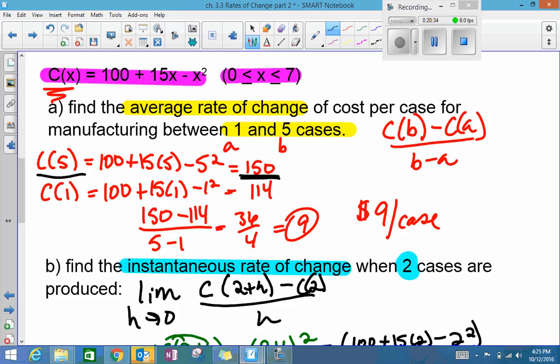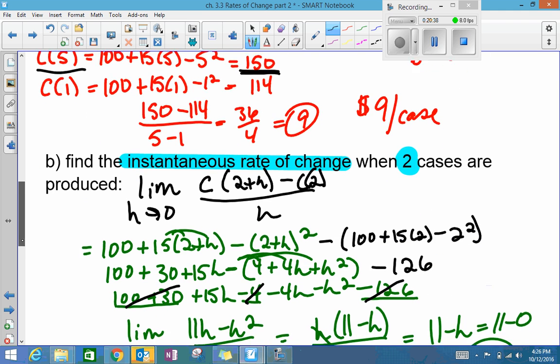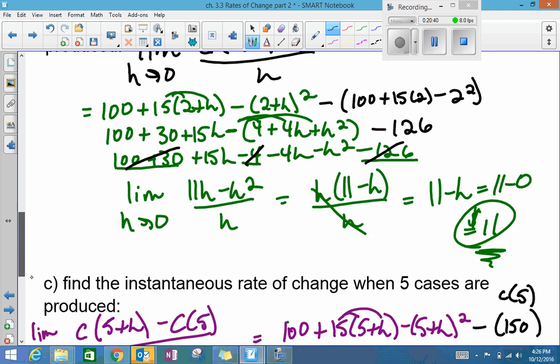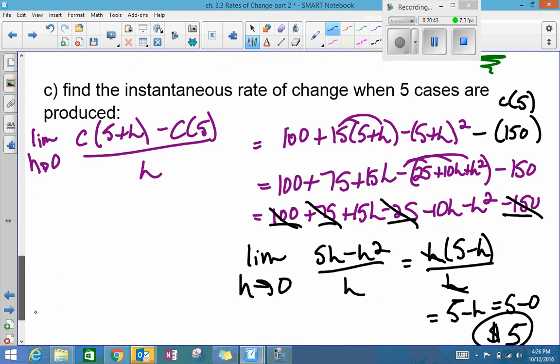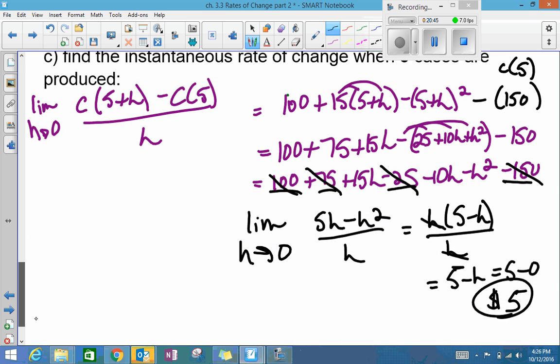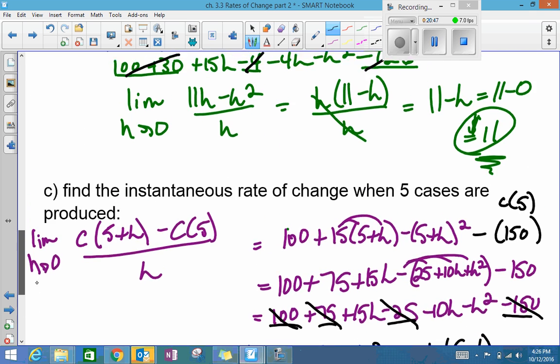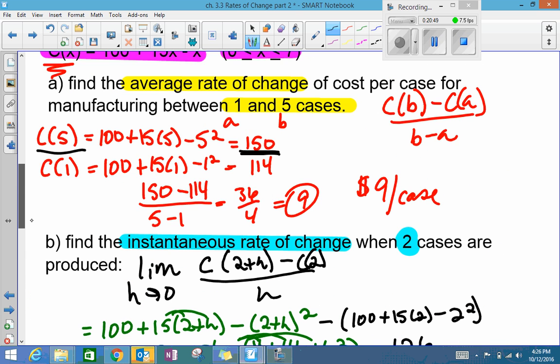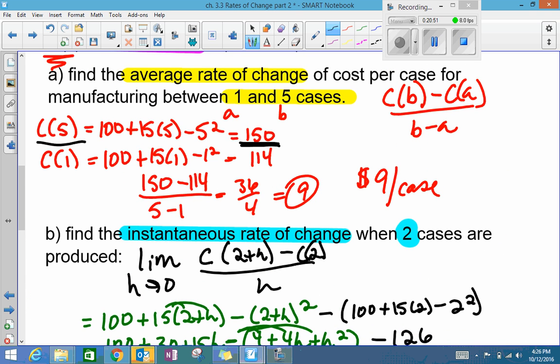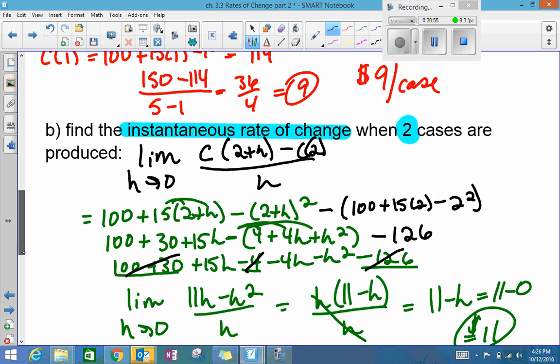I hope that makes sense. So it does make sense that the second item cost $11 to produce, but the fifth case costs $5 to produce. And again, that all kind of supports that the average cost between 1 and 5 cases is 9, and that is right there in the middle.